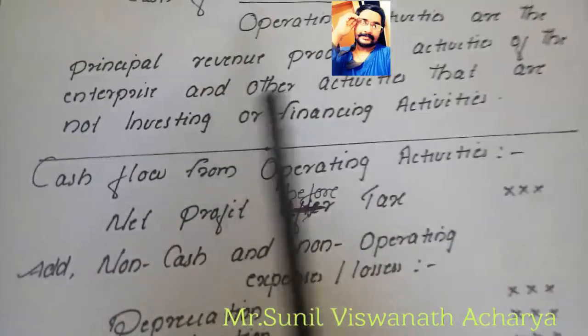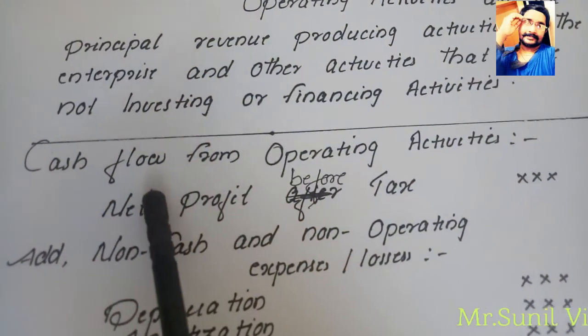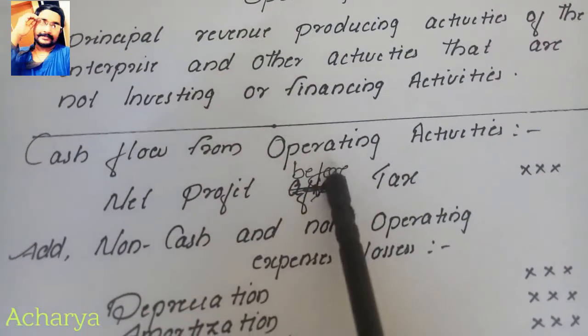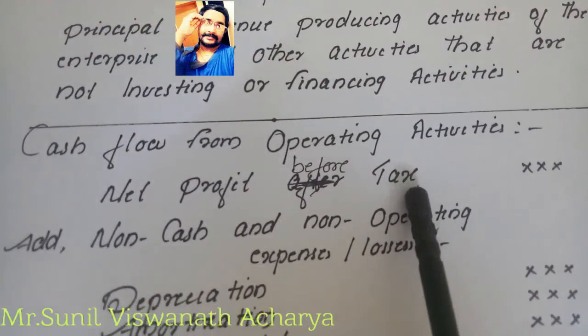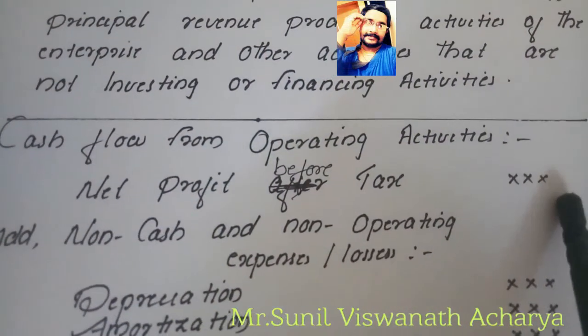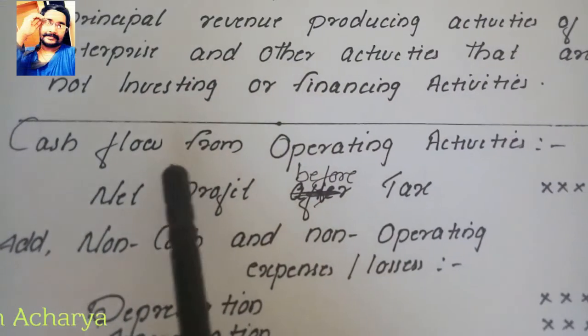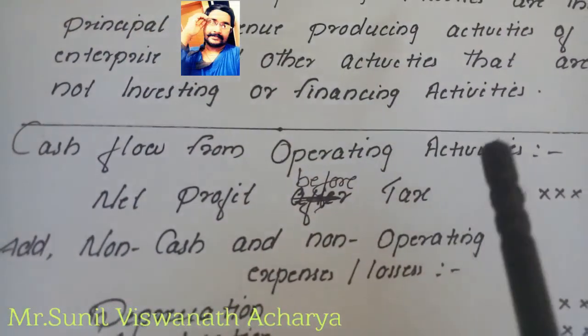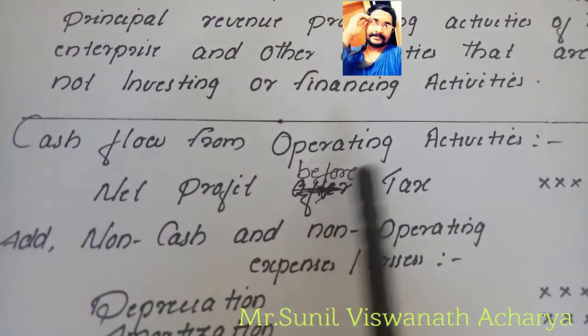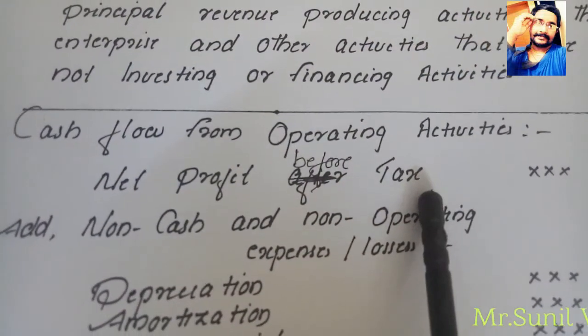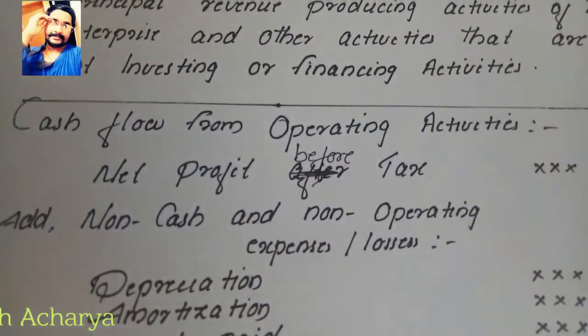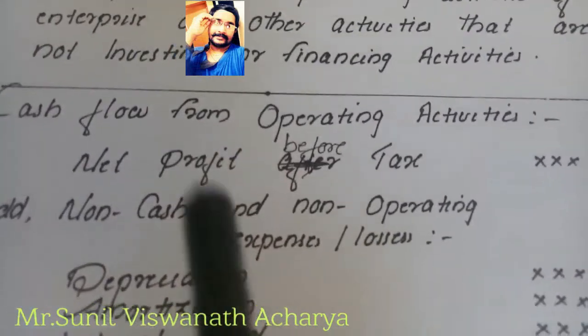The first item should be net profit before tax. Net profit before tax is not given, so we have to calculate it. How to calculate, I will show later.